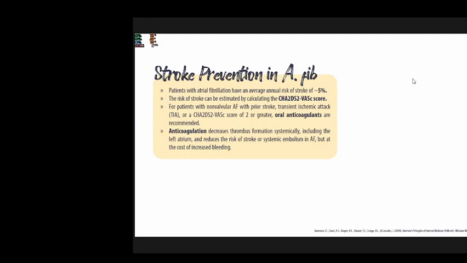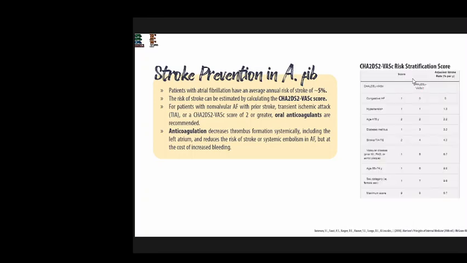The purpose of anticoagulation is to decrease thrombus formation and to reduce the risk of stroke or systemic embolism in atrial fibrillation. However, there's a possibility of increased bleeding.